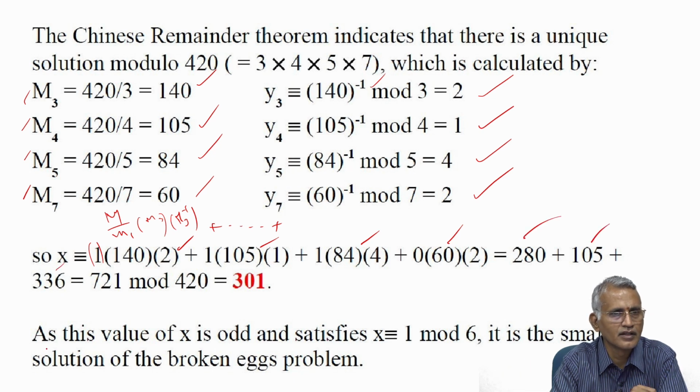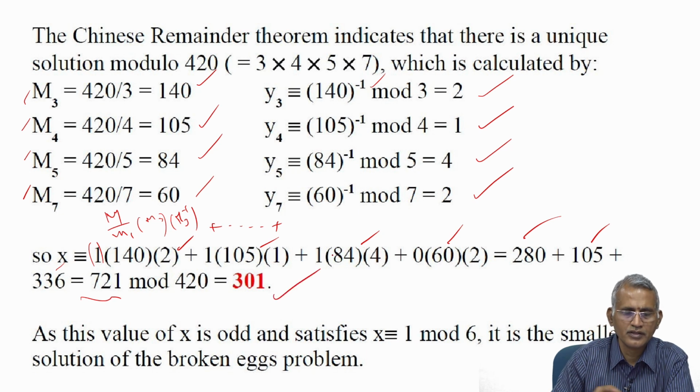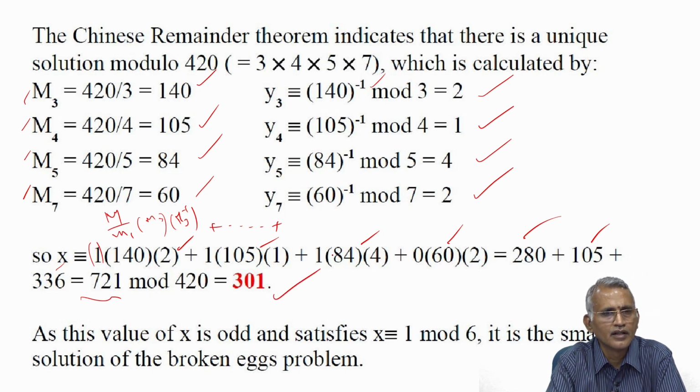So, if you add them, we have the result 721 under modulo 420. So, the value is 301. So, this way we can calculate the values of this problem. So, from this solution we can infer that x is odd and satisfy x is identically equal to 1 under modulo 6.